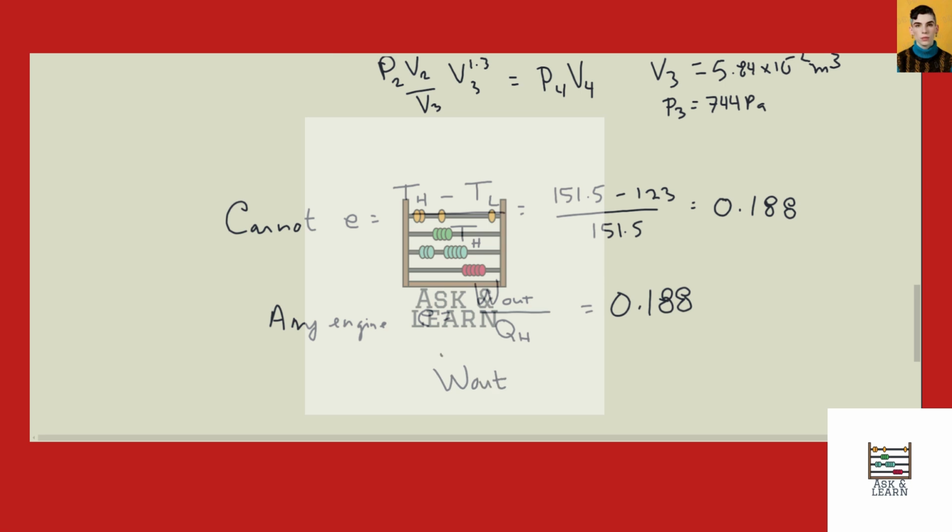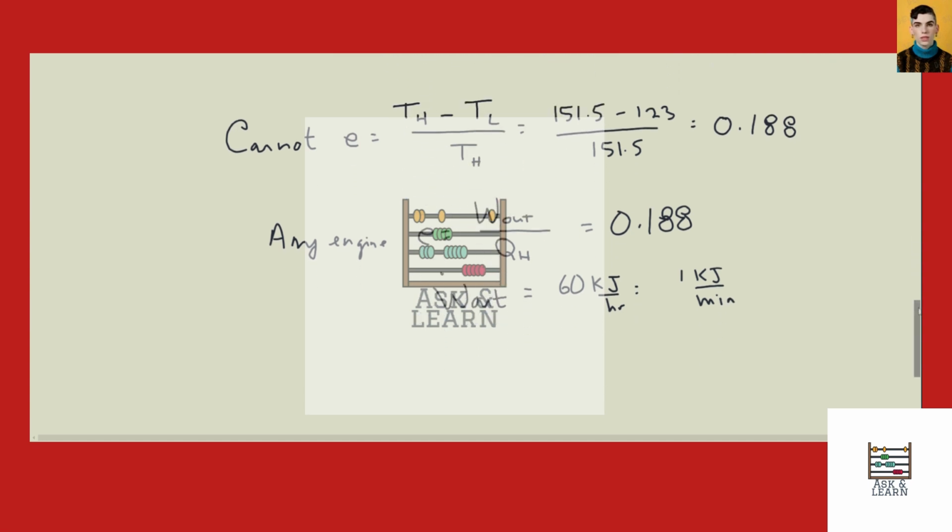And that's really a rate at which work is being done. 60 kilojoules per hour is the same as 1 kilojoule per minute, just thinking about how hours translate to minutes. And then we can figure out the heat that is absorbed, at least the rate.